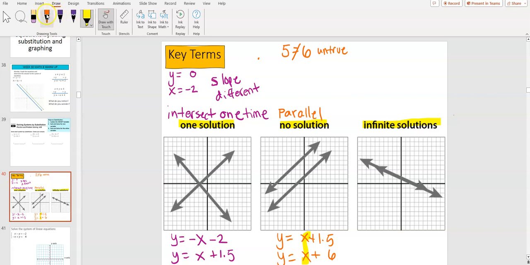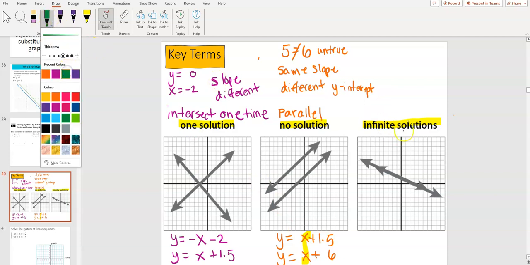So if you have the same slope but different y-intercepts, it's no solution. Same slope, different y-intercept. Okay? All of these, no matter which way you're solving it, mean no solution.